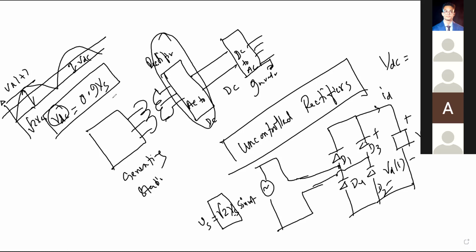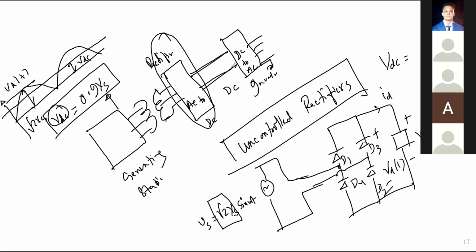So this VDC is fully dependent on the magnitude of your input voltage. If it fluctuates, then of course this DC voltage will fluctuate. That is why we need some control mechanism so that we can have feedback, and then we can change the DC voltage according to our demand, so that we always get a constant DC voltage in the power line.